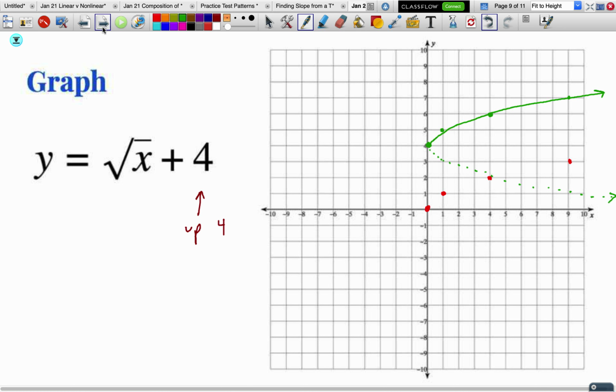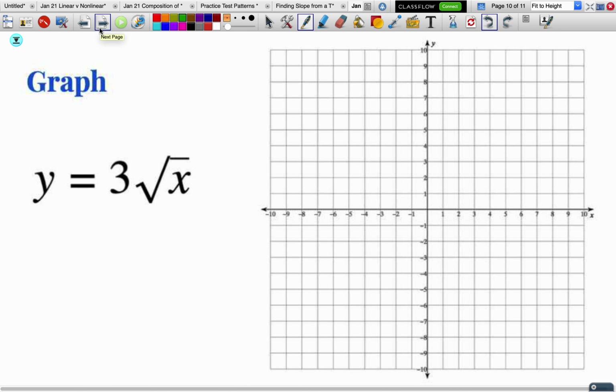All right. Now, 3 times the square root of x. That's going to be a vertical stretch. I said that this number could also cause vertical flip. That would be if this was ever negative. So again, a 1, 4, 9 going to the side.